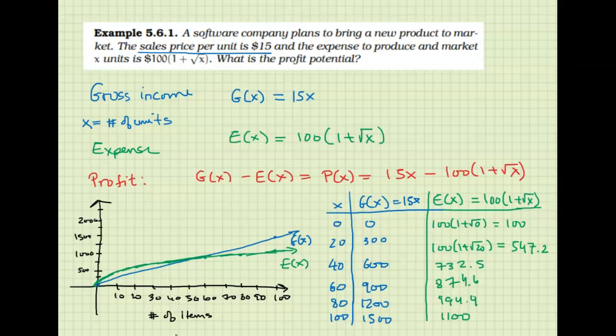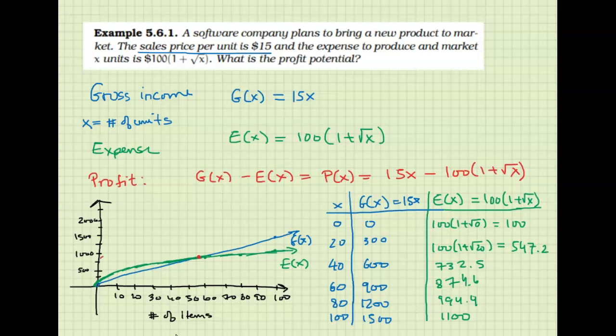Okay, so the profit is, as I said, you're subtracting. At the beginning, the green curve is higher than the blue curve, so it has more expenses than the gross income. So up to here, the profit is negative.